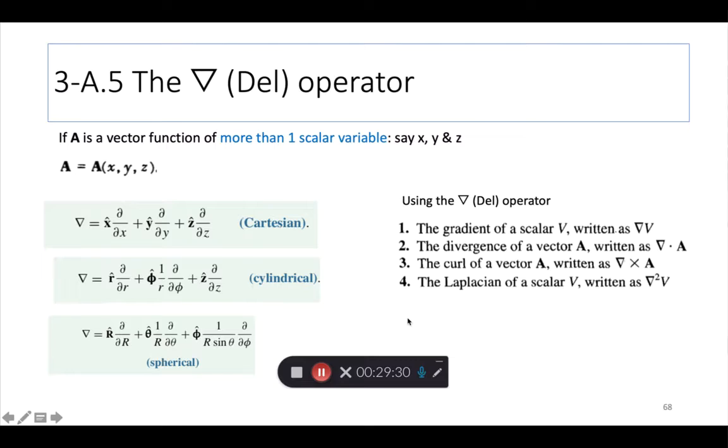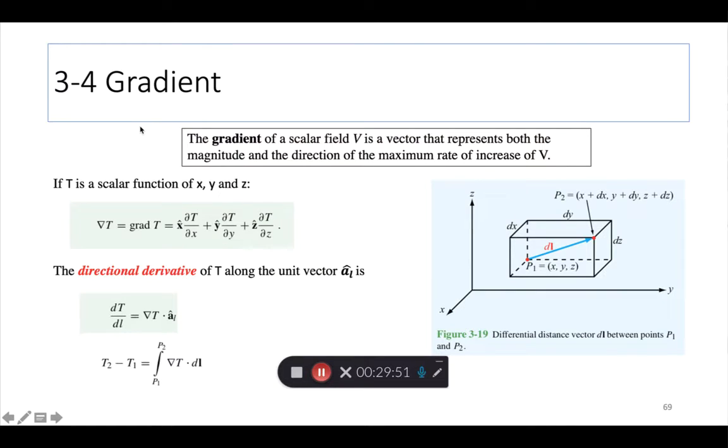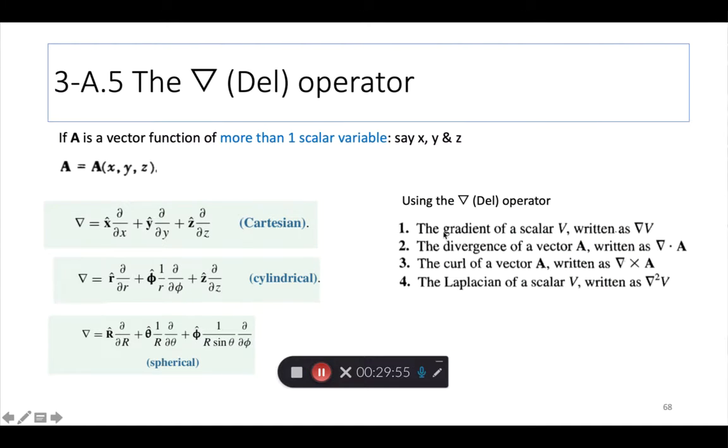Okay. All right. So using the del operator, there are four important applications, which are four sections in the next part of our chapter. Looking at section 3.3-4 in our textbook, we will cover each of these.